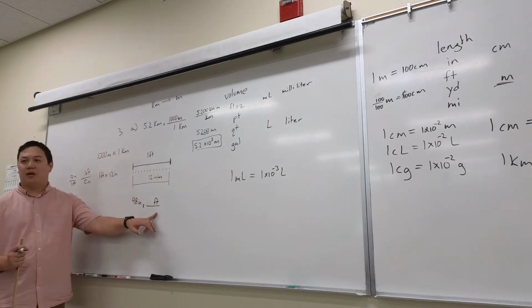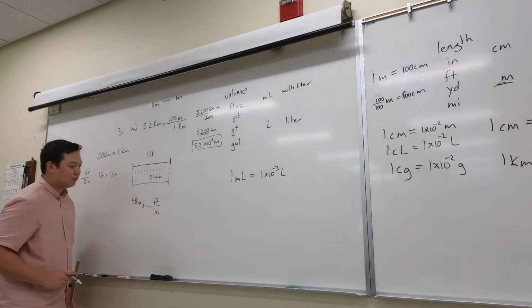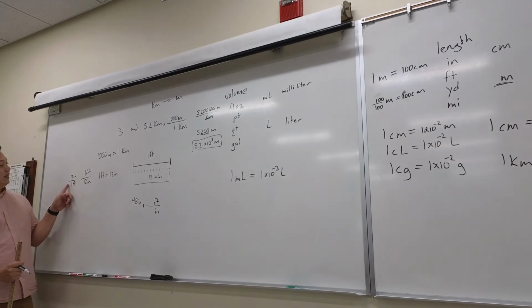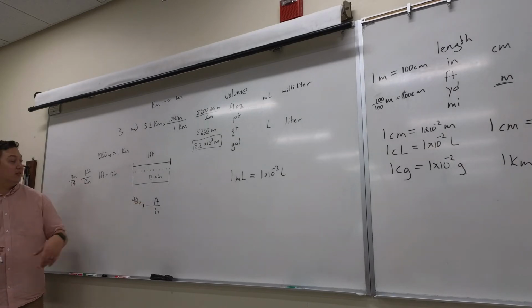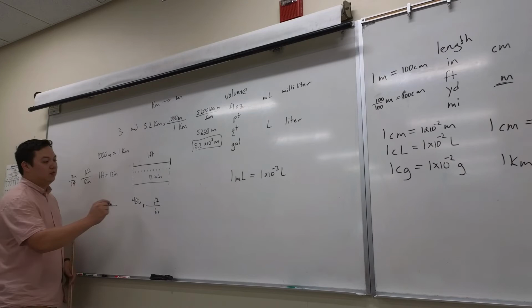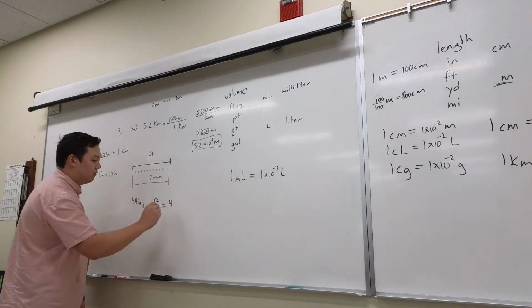And what goes on the bottom? Inches, because we need to cancel out these inches. Then I look over here and see I don't want this one, because it doesn't match feet and inches. We use this one, 1 foot over 12 inches. The answer would be 4 feet.